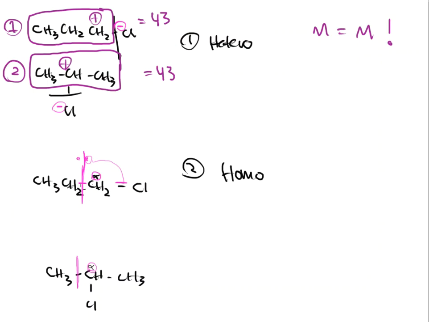So what happens is that I create a fragment here. One of the fragments, CH3CH2. The other fragment is this CH2 with a chlorine that was there, but now we have an extra bond in between them.